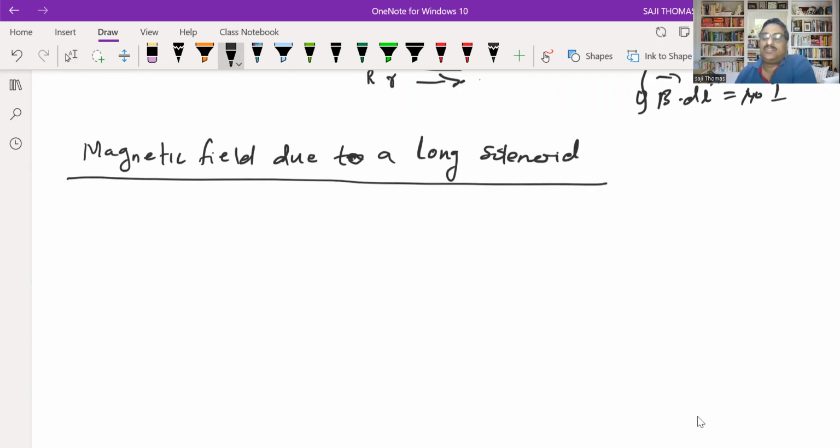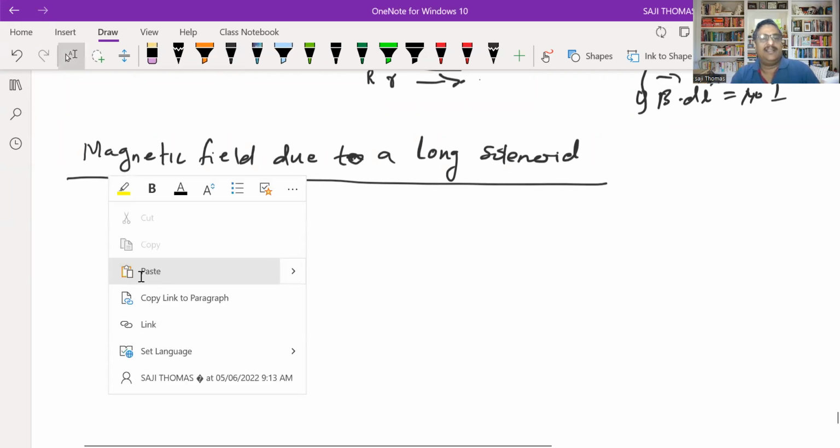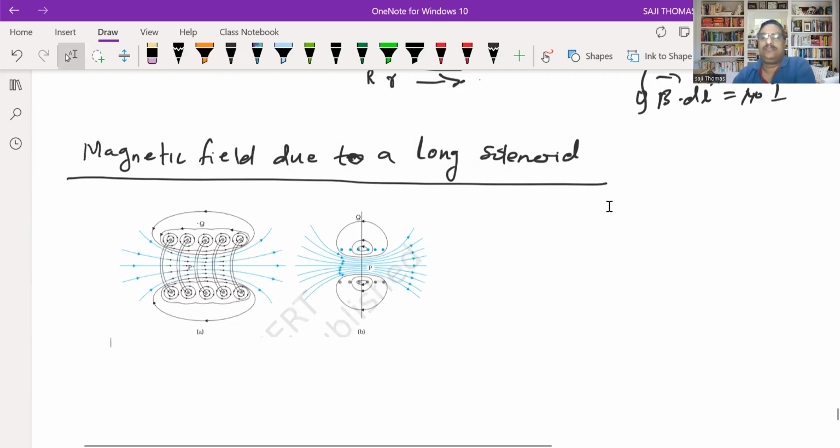A solenoid consists of a large number of turns. The turns are very close to each other. I will give a diagram of the solenoid. The magnetic field pattern is shown in the diagram.